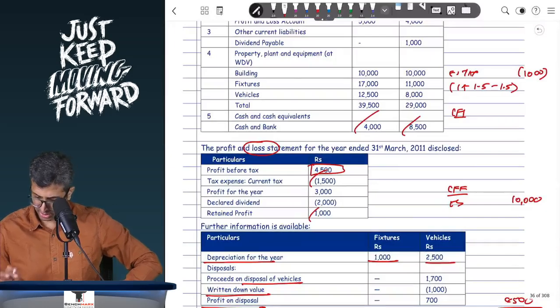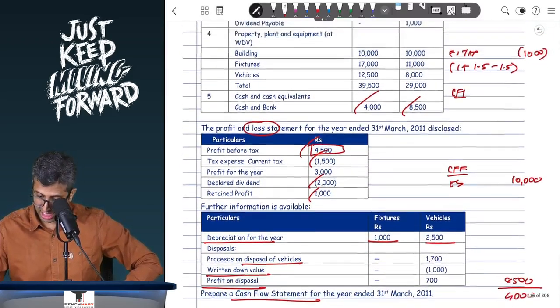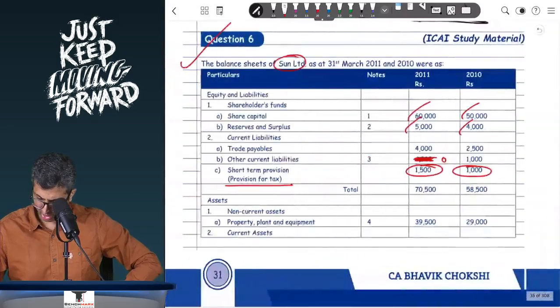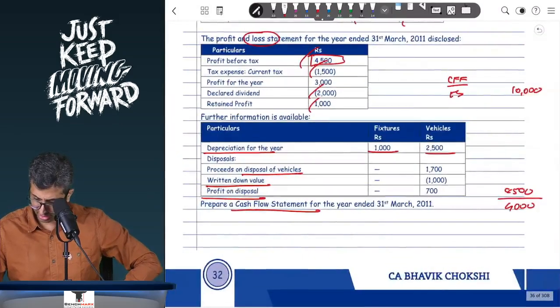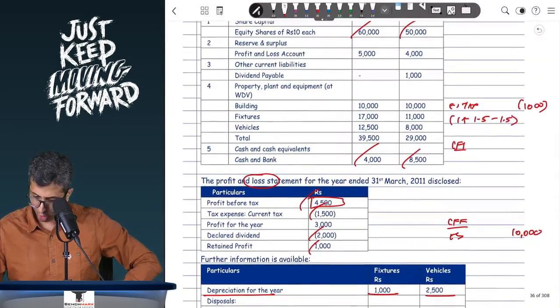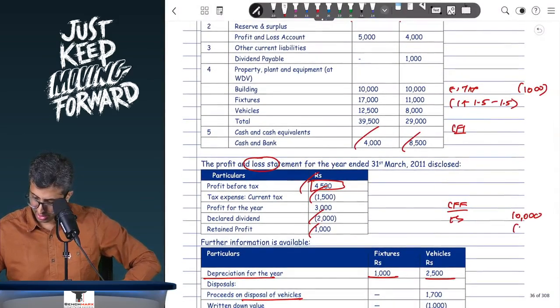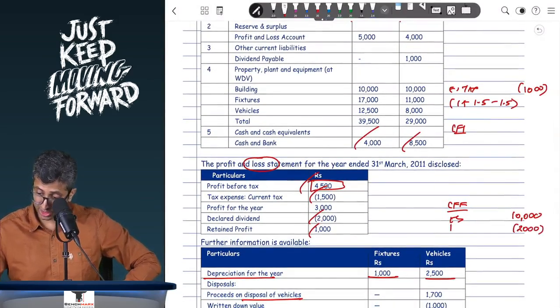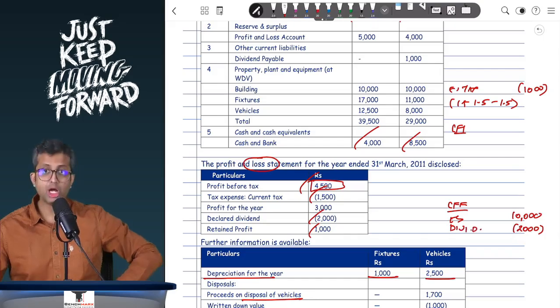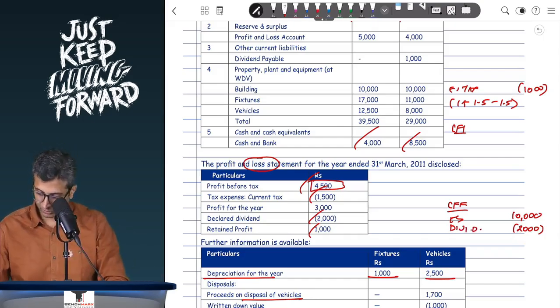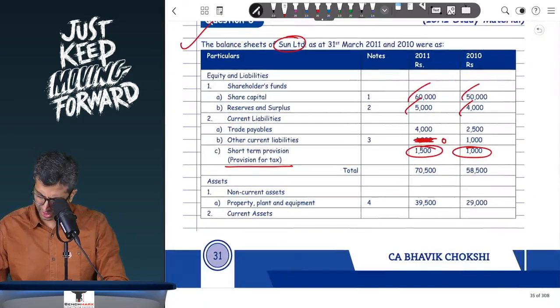Well, this is the 1,000 retained profit, but the tax effect inside it we have taken, 4,500 we have taken, but dividend we have not taken. Declared dividend. Over here, assuming that declared dividend is paid. Sir, how do you know it is paid? Well, it is not appearing as a payable, so it must have been paid. Okay, so declared dividend is also out, so reserves are done.